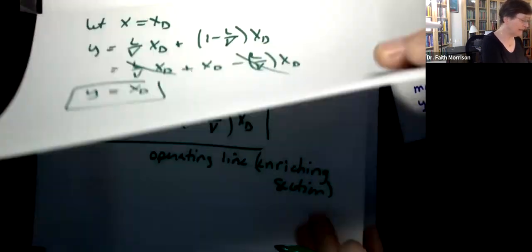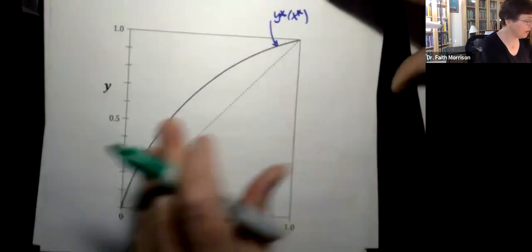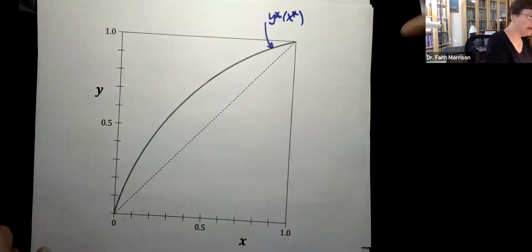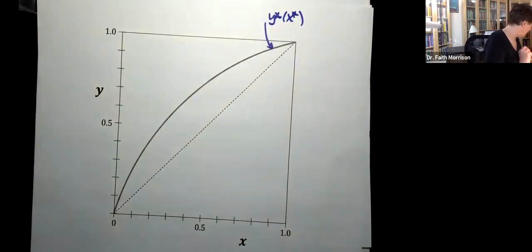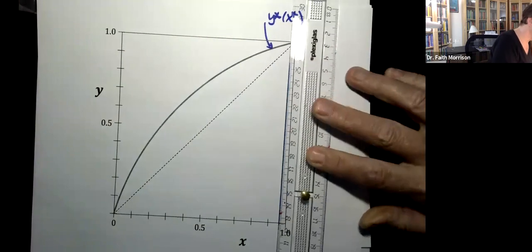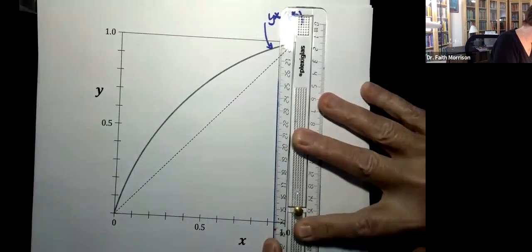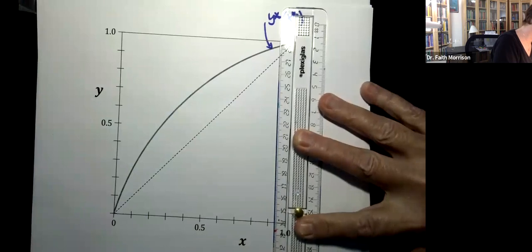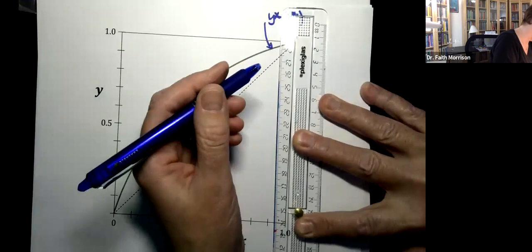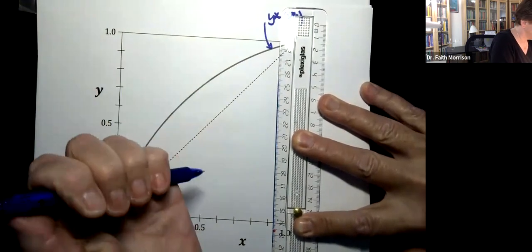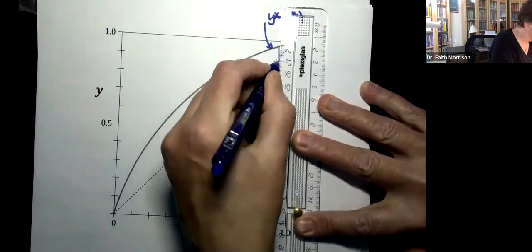So that inspires us to go over here to our graph. And I'm going to switch to some smaller pens just because it's going to get crowded. I'm just going to say that xD is this number, which is 90-something or other. I'm just using an example to show you how we use the graphical method.